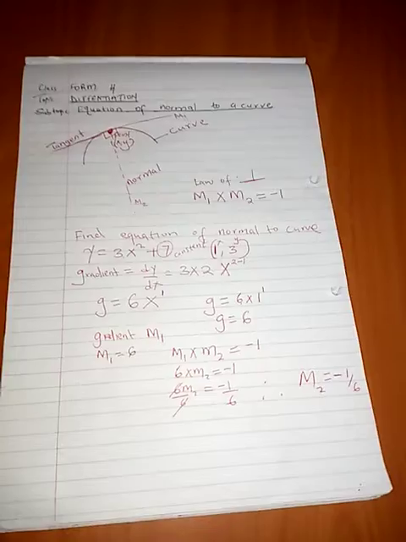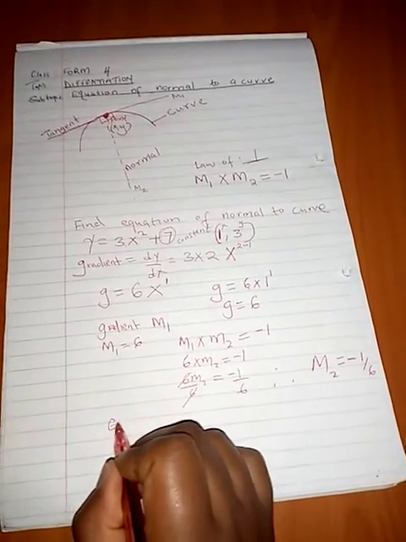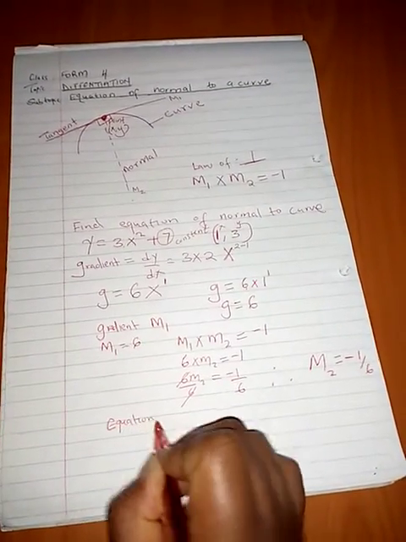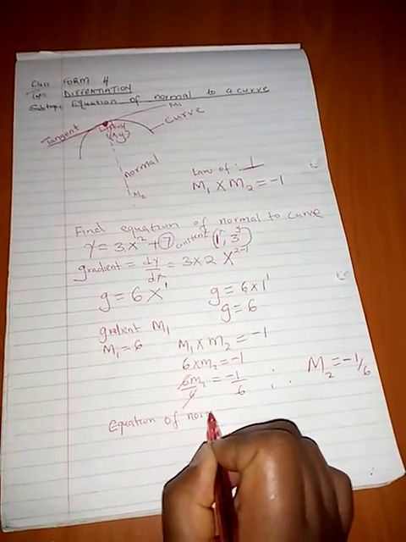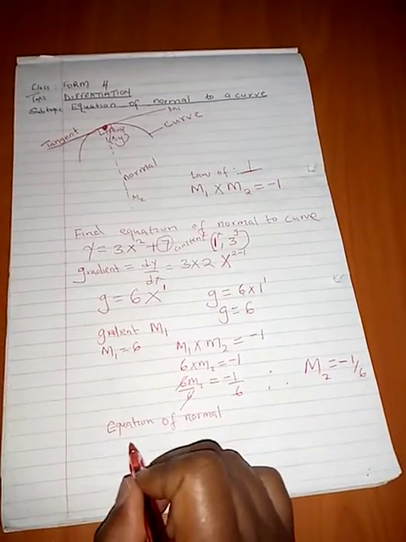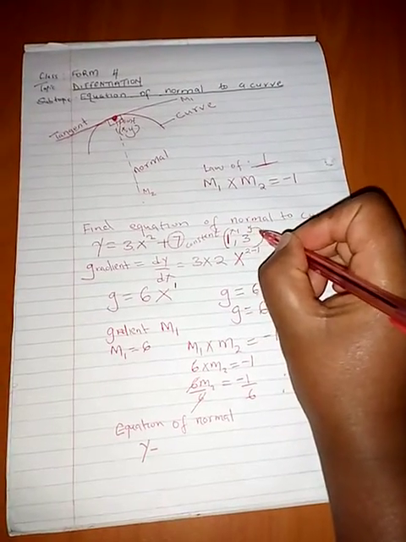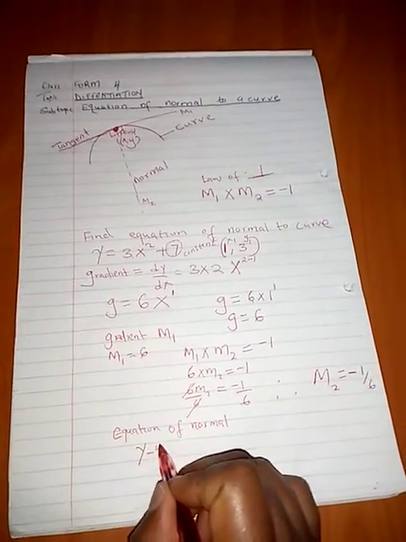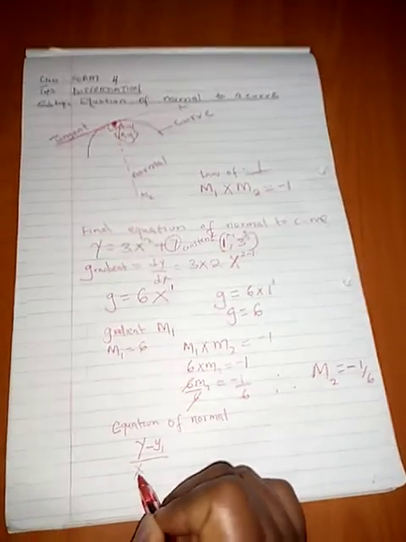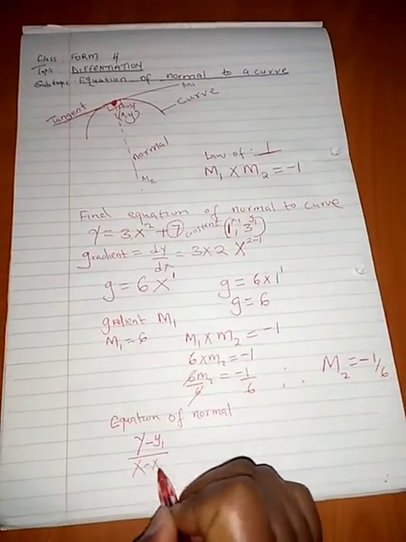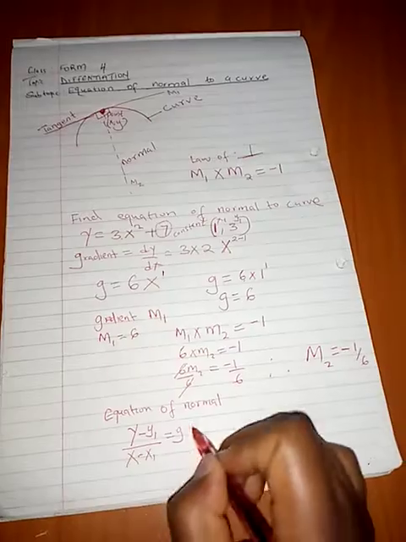Then from there, we want to obtain the equation of normal. To get the equation of normal, we take this one as x1 and this one as y1. So y minus y1 divided by x minus x1 is equal to gradient.